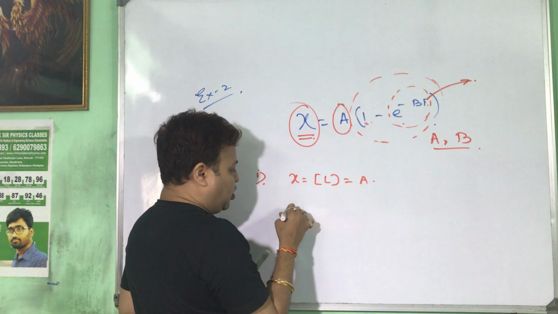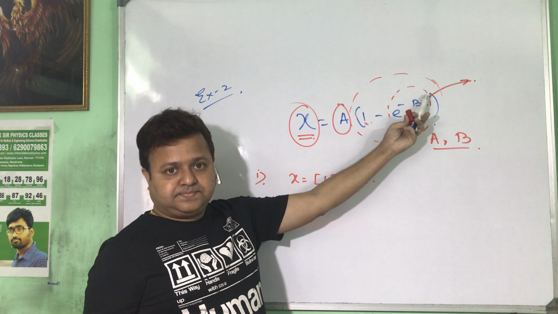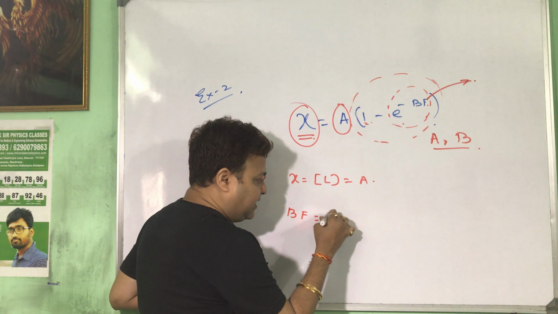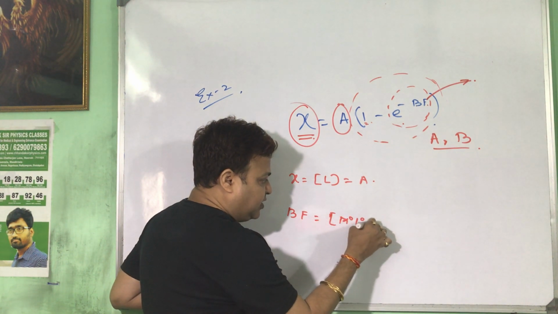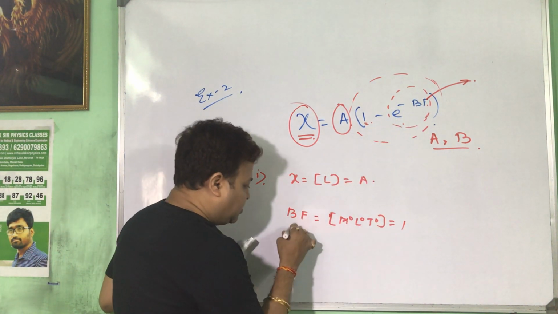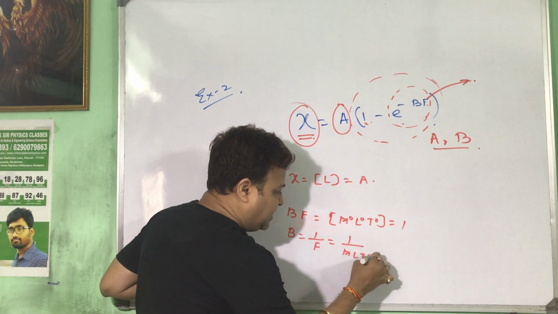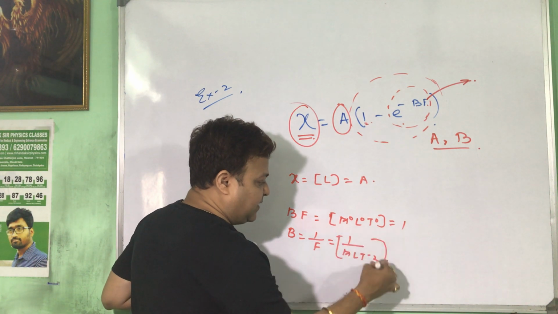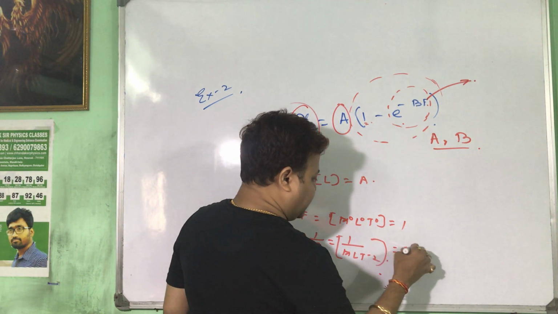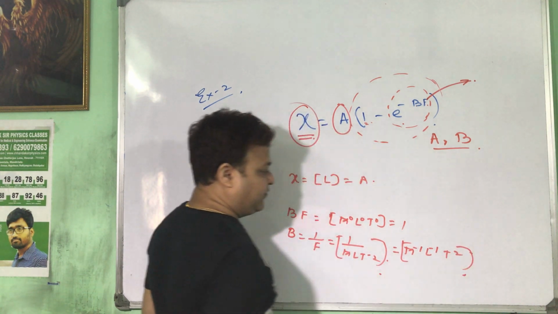B into F is also a mathematical term now, because this is the power number system. That means the dimension of BF is equal to the dimensionless quantity, that is M to the power 0, L to the power 0, T to the power 0, that is 1. So B equals 1 by force, that means 1 by [MLT^-2], or the dimension of B is M^-1 L^-1 T^2, the inverse of force.